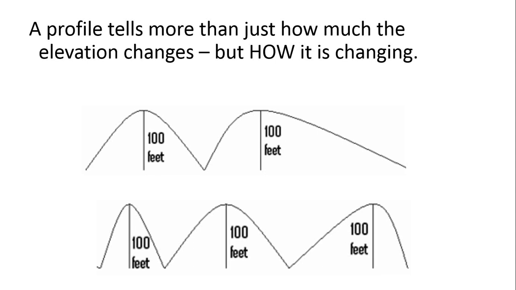You don't have to do any math. You don't have to look at the contour lines. You can just look at this and see, oh, on one side it's steep and on the other it's not. So that's where profiles are useful. They tell us how the land is changing, how steep it is, what the grade might be, without having to read a fancy map and to do any math.